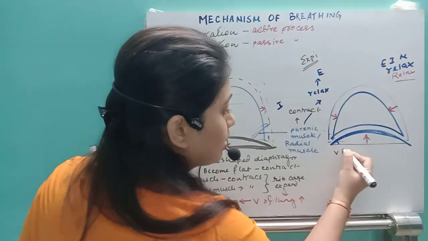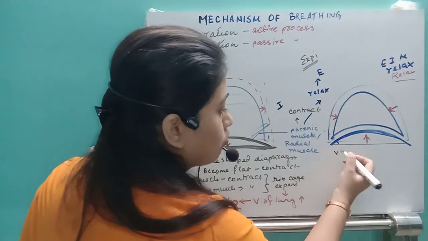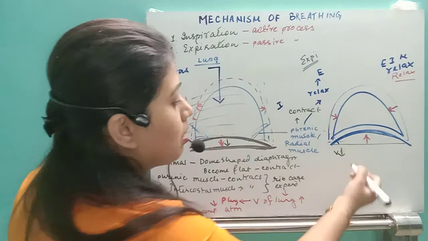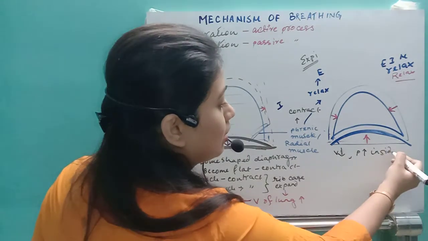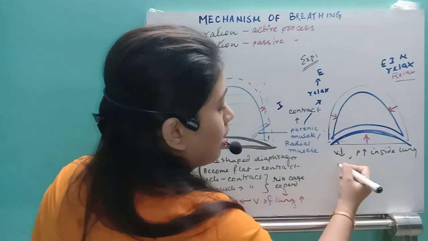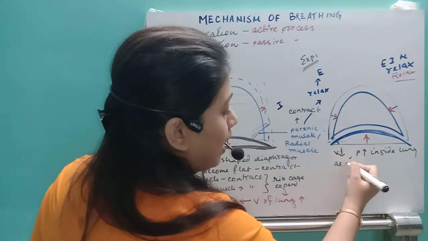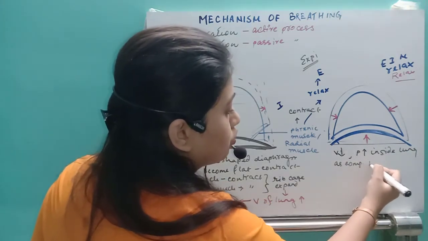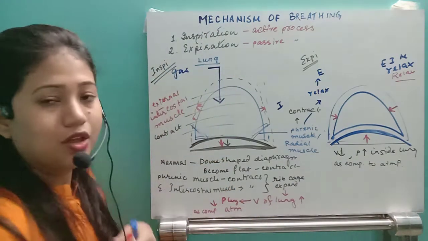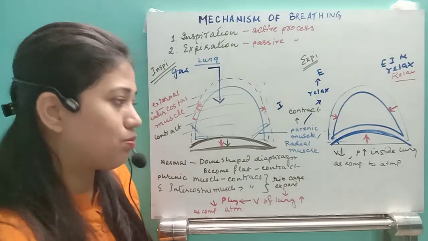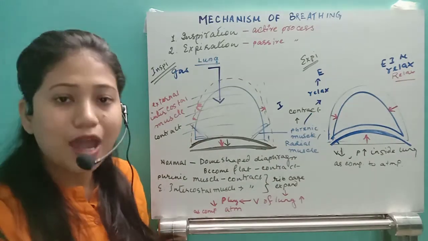So the volume is decreased, right? Pressure instead will increase inside the lung as compared to the atmospheric pressure. So inside the lung we will have high pressure.